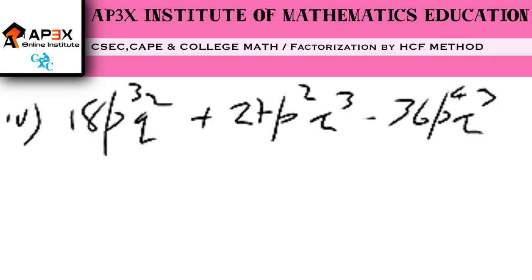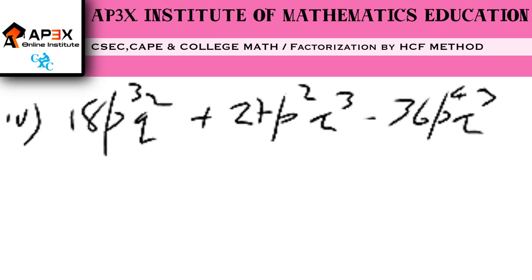Are you the type of student who might encounter a variety of different types of questions? So of course you might see an example like this one here, where we have 18p cubed q squared plus 27p squared q cubed minus 36p to the fourth q cubed. So same procedure, nothing changes, we just have a variety of powers.